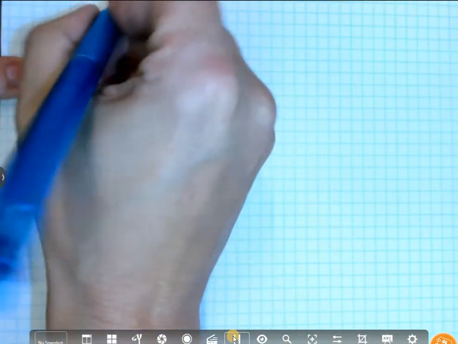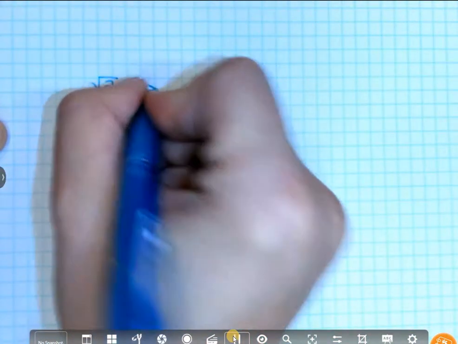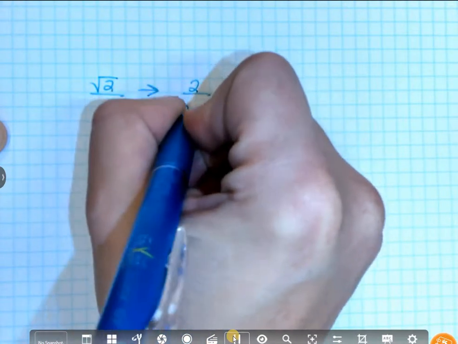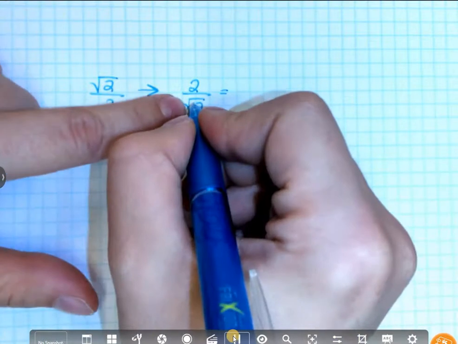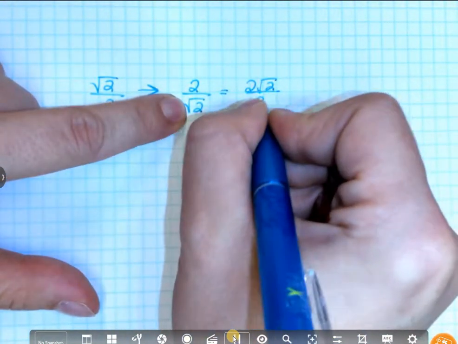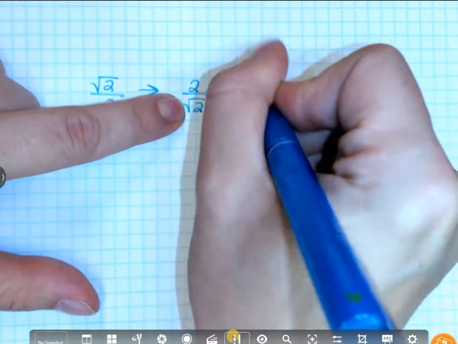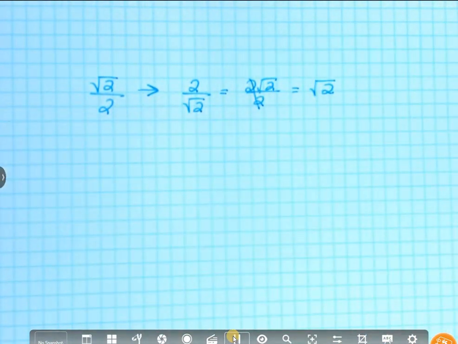If I start off with root 2 over 2, and I do the reciprocal of that, that becomes 2 over the square root of 2. Which, move this to the top. Take off the root, simplify, leaves me with the square root of 2. Okay?